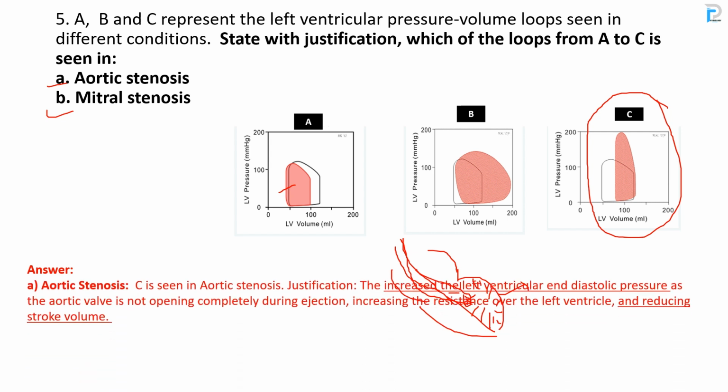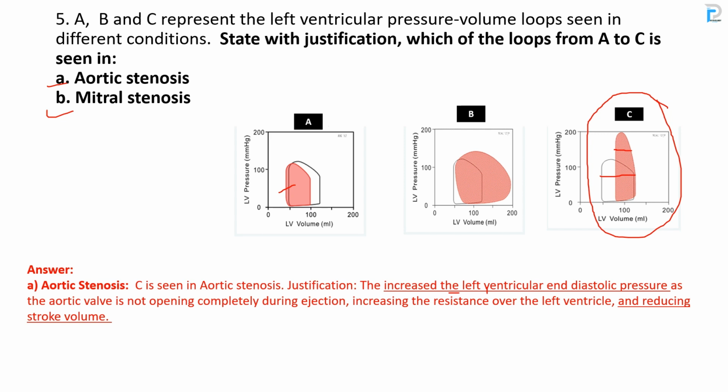Another feature that helps us pick this loop as the correct loop for aortic stenosis is the stroke volume. This is the stroke volume in the case of aortic stenosis as compared with this stroke volume in a normal person.